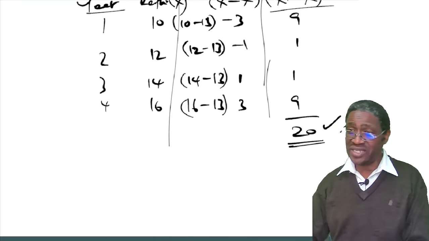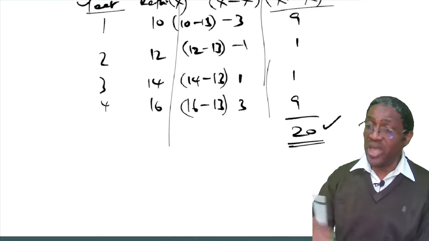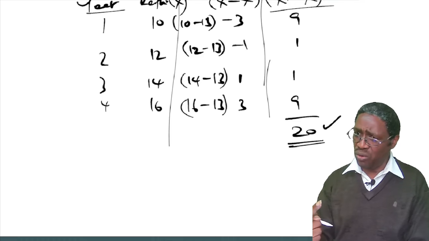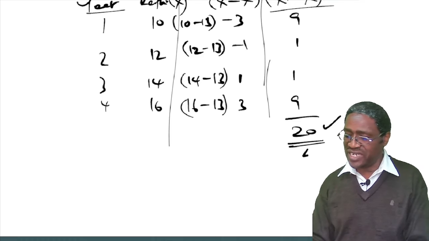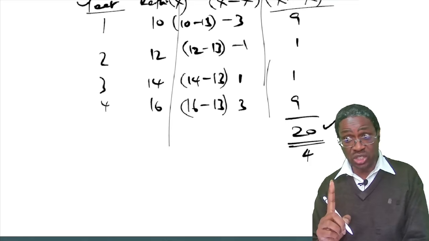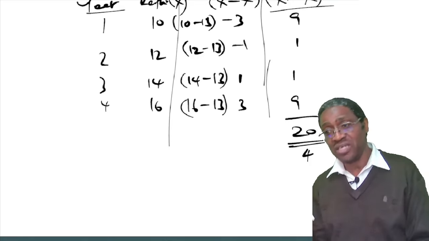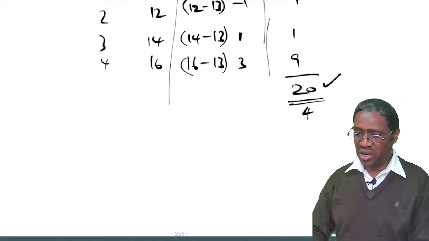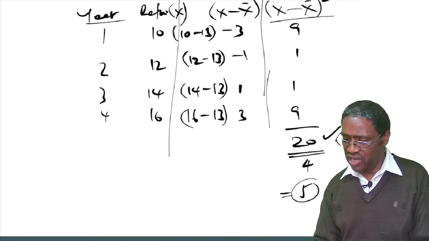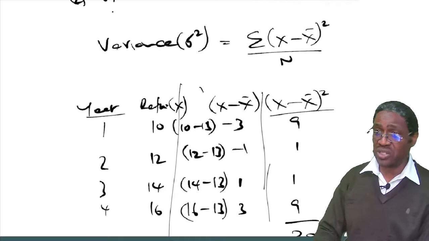This 20 is the sum of the squared deviations. If I divide that by 4, which is 4 years, I am getting the average of the squared deviations. That will come to 5. So our variance will be 5.